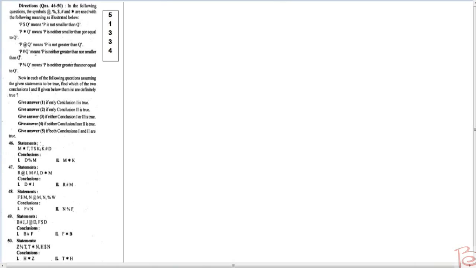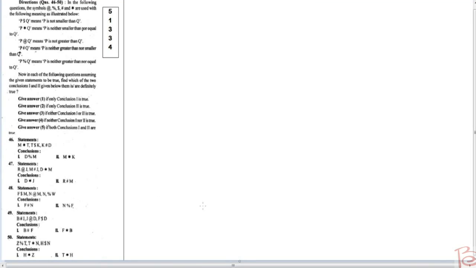There is a lot of process in a coded inequality question, and when you do it using the conventional method, it will take around 10 minutes. So there is a shortcut as well, but before telling you the shortcut, I'll tell you how to do it normally.